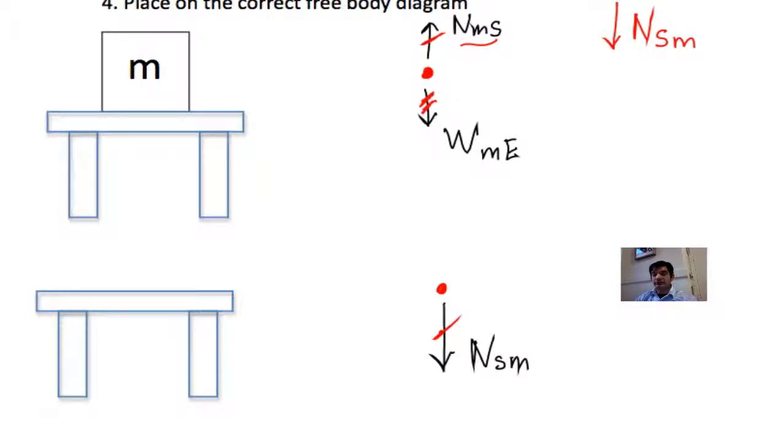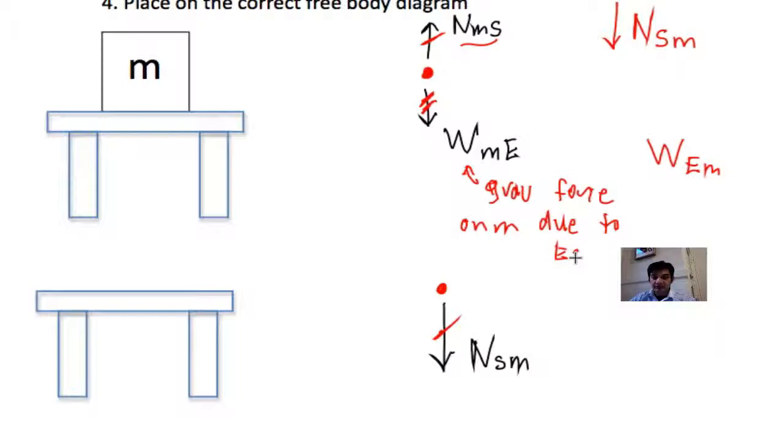That's one member of a third law pair. Now what do we do? Again, we have to reverse the subscript, so I have W on E due to M. Well, let's remember what weight is. Weight is the gravitational force on M due to Earth.